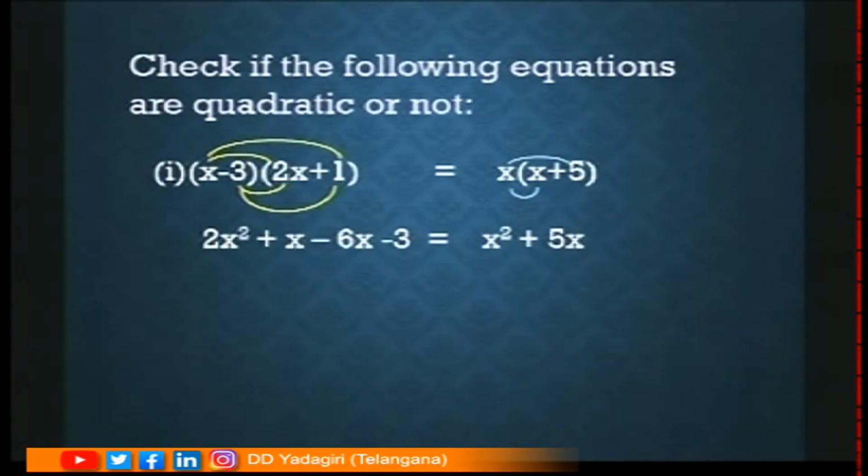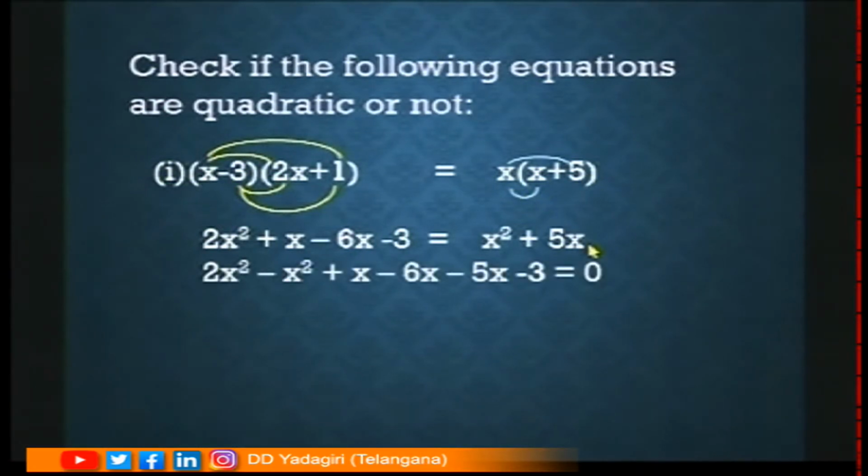Now after multiplying x with 2x, we get 2x², x with 1 gives me x, −3 with 2x gives me −6x and −3 with +1 gives me −3. Coming to right hand side, x into x gives me x² and x into 5 gives me +5x. Now let's bring all the terms from right hand side to left hand side and equate it to 0.